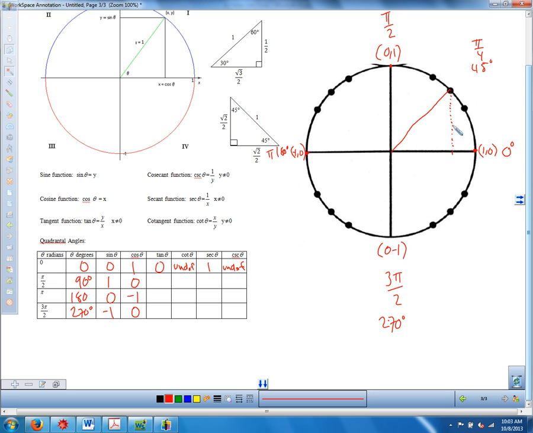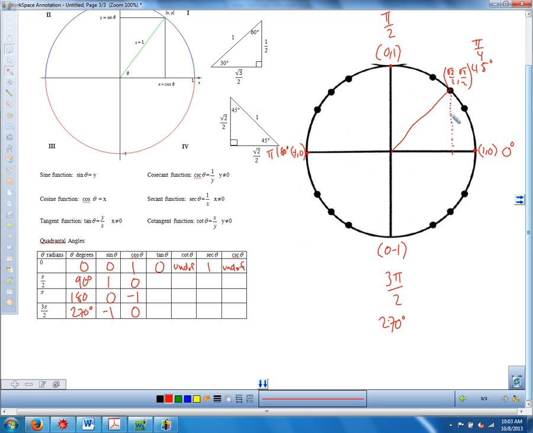So what are the x and the y coordinates? I'm looking over here. I'm going up how far? Square root of 2 over 2. I'm going over how far? Square root of 2 over 2. This side of the triangle is square root of 2 over 2.